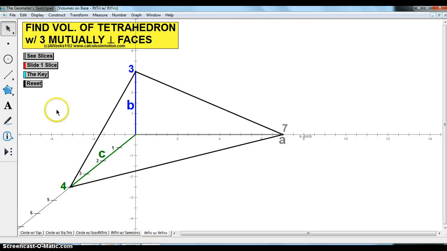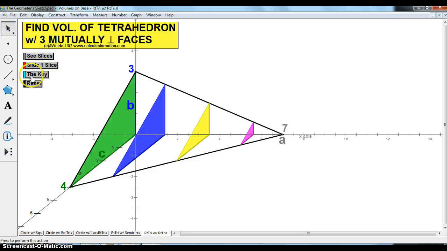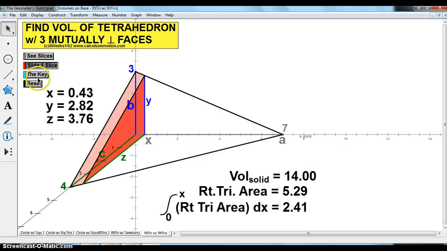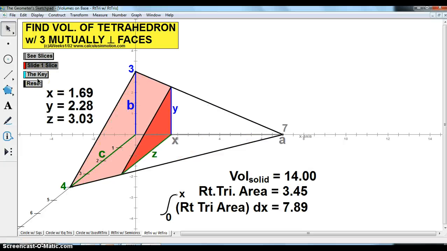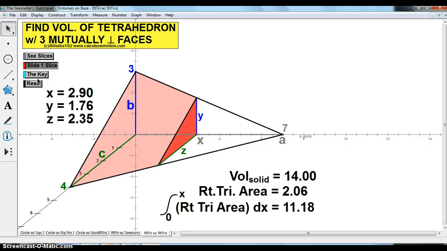And finally, maybe you've got a tetrahedron, a right triangle for the base, and you fill it with right triangles. And we can see that.